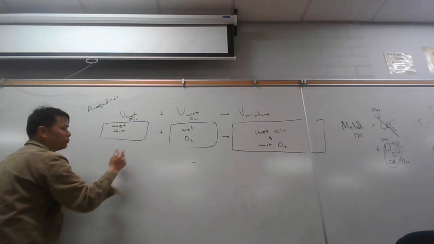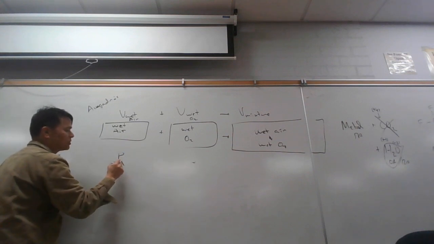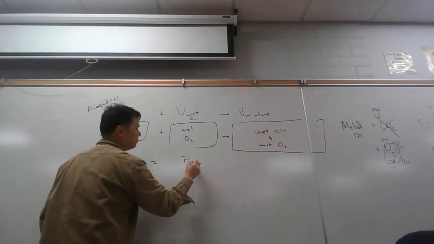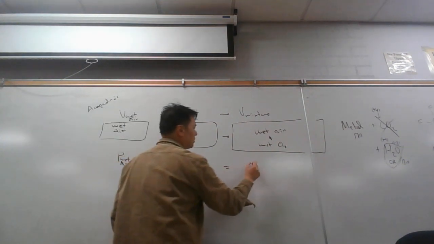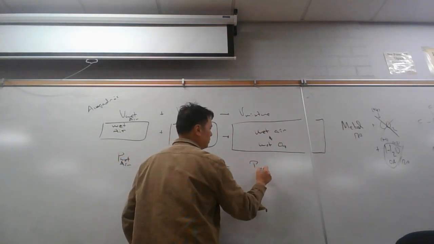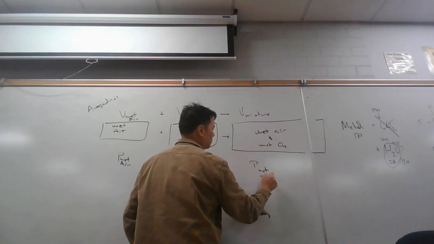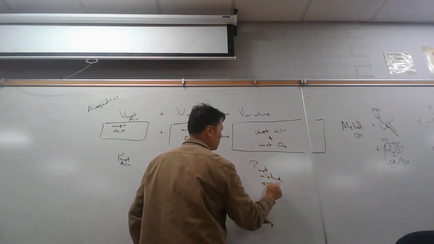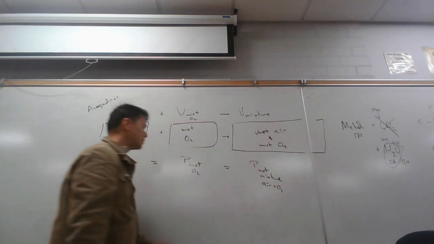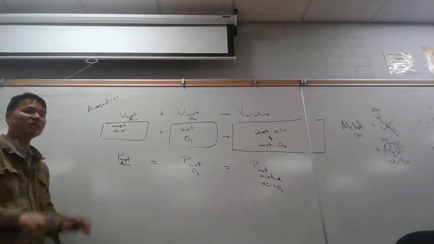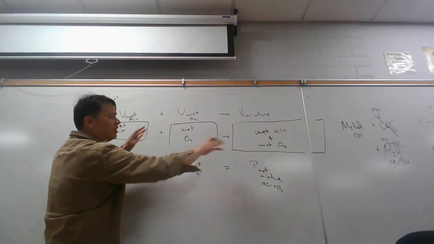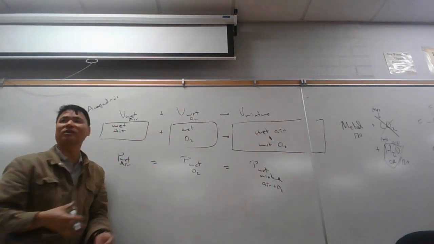So in order for this to work, we have to make sure that the pressure of the wet air is equal to the pressure of the wet O2, which is equal to the pressure of the wet mixture, that is the air plus O2. As long as the pressures are all the same, then the volumes are additive. If, let's say, one's under high pressure and the others are under low pressure, you can't add the volumes.